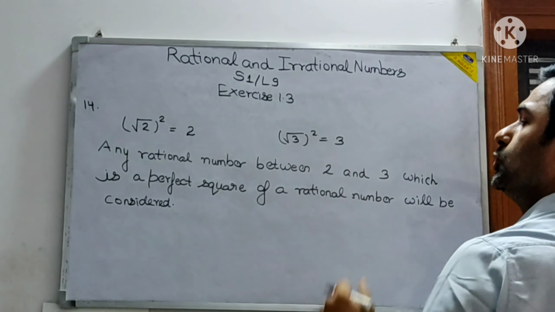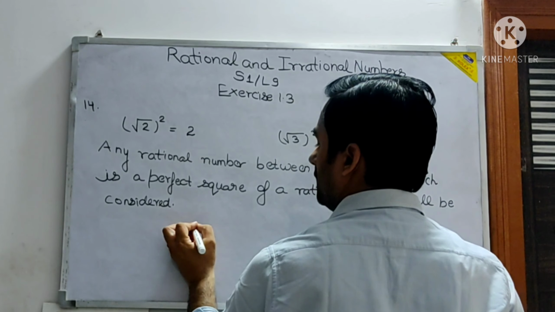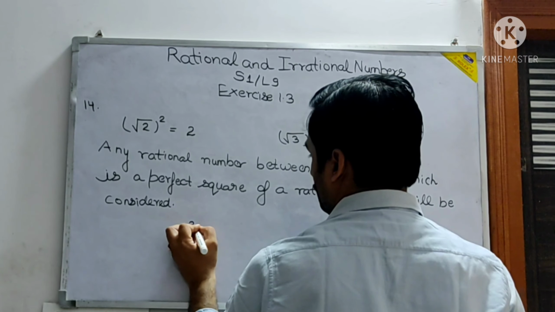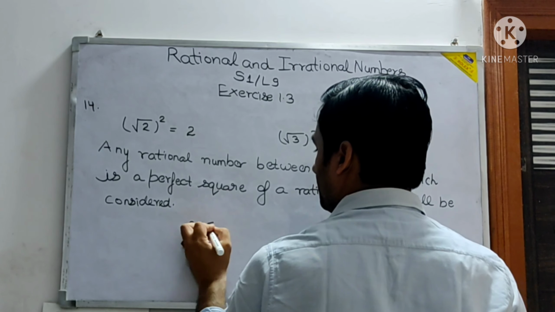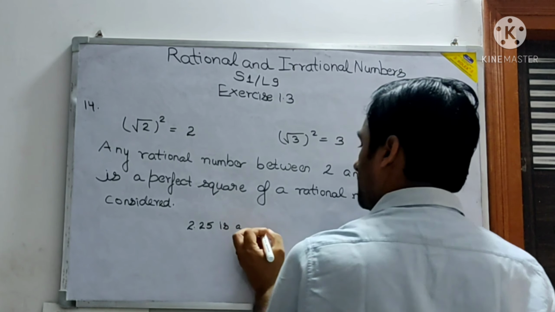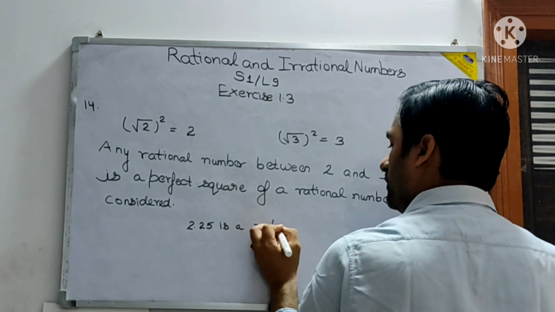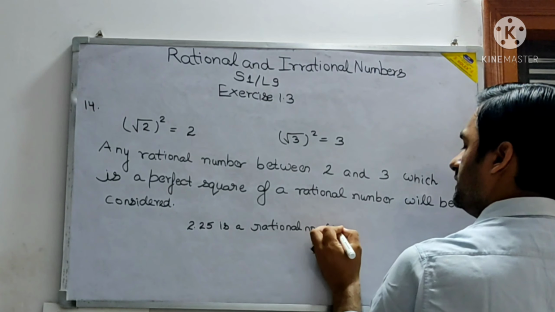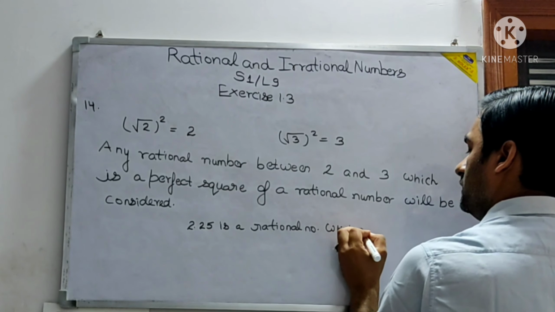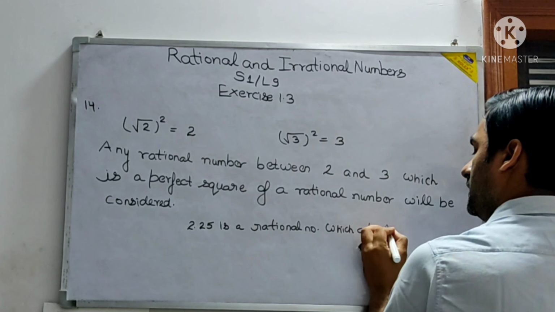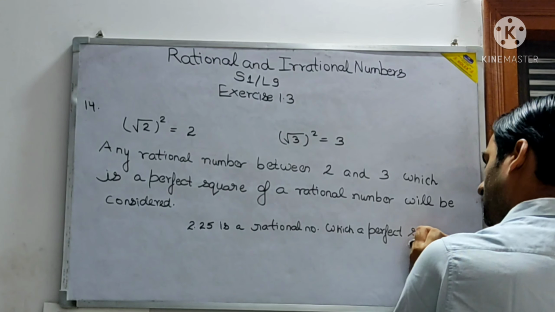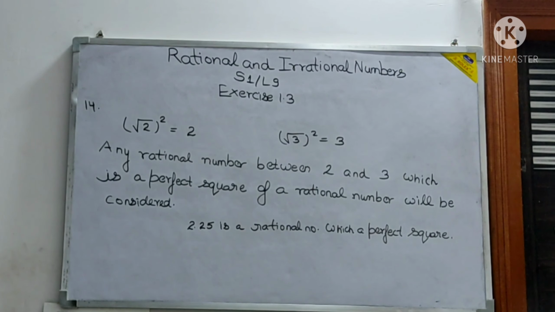So what can we have between 2 and 3? Can we say 2.25 is a rational number which is a perfect square? Yes, there can be many.